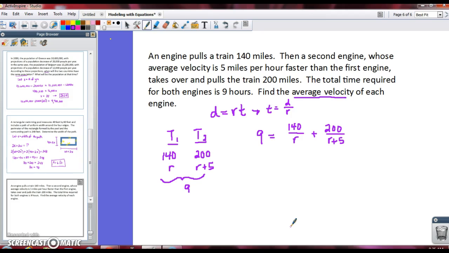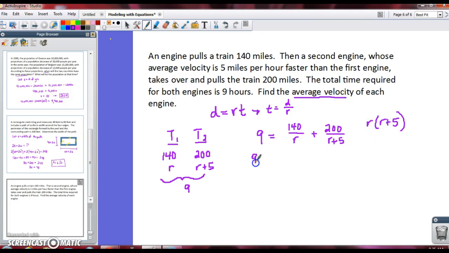With that, I have a fractional equation, a rational expression equation. So what I need to do is multiply through by my common denominator to get rid of my denominators. That means I would be multiplying every term by r times r plus 5.